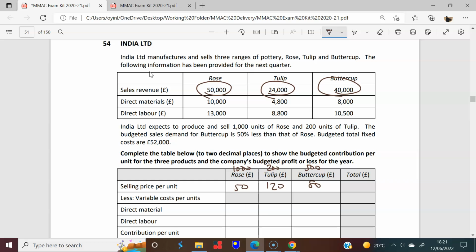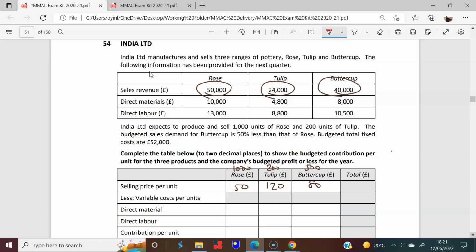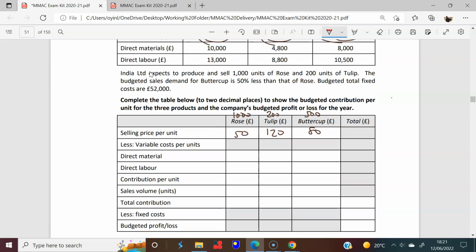That's the first point. I'll just change my pen color to include the situation with materials. With materials, you're making 1,000, 200, and 500, and these are your materials: 10,000 here, 4,800 here. If you take 10,000 divided by 1,000, the material here is 10. Then you have the 4,800 divided by the 200, and you have 24.